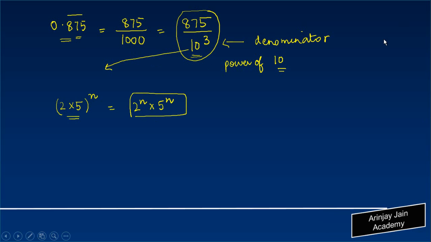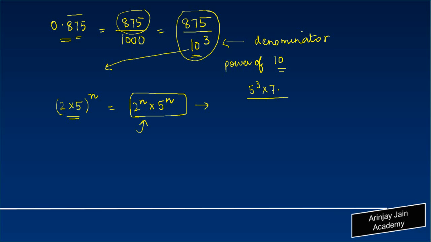Now, effectively what will happen here is that whenever we have this denominator, we just express the numerator as well in a form such that it is a product of only primes. So if I have to write 875, I can write that as 5 to the power 3 times 7. When you do a prime factorization of 875, you get 5 to the power 3, times 7.